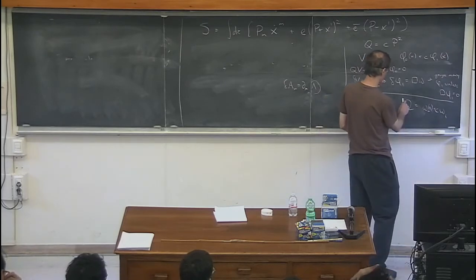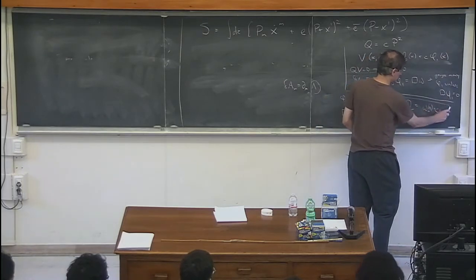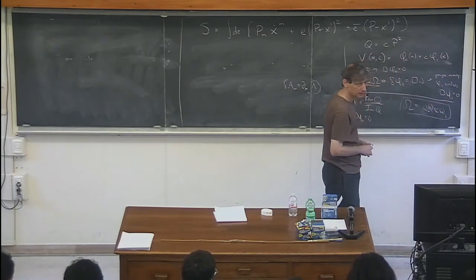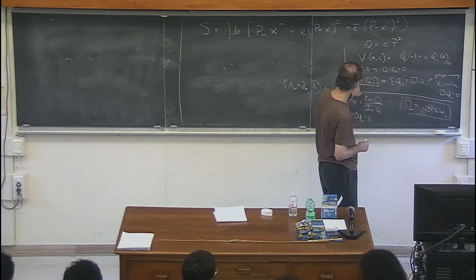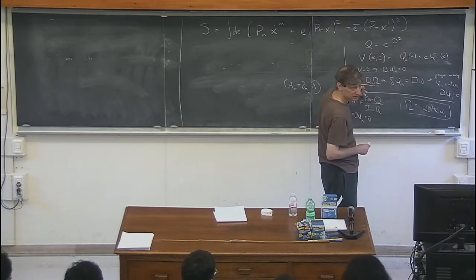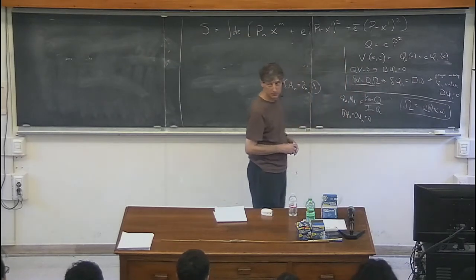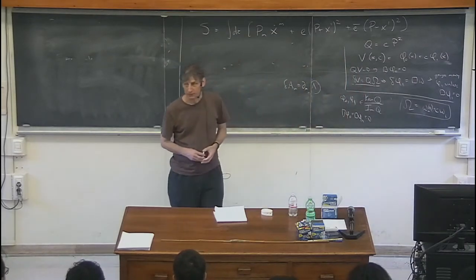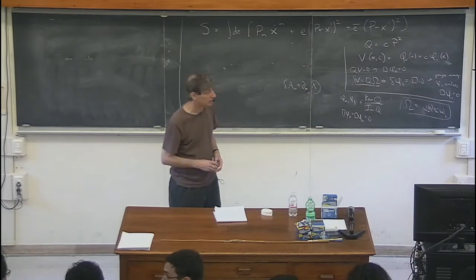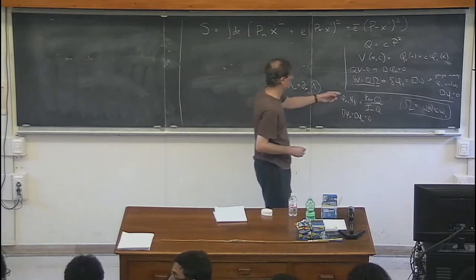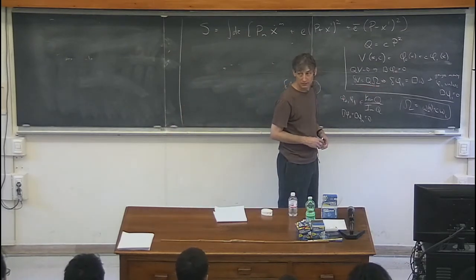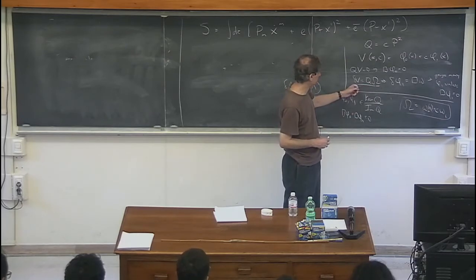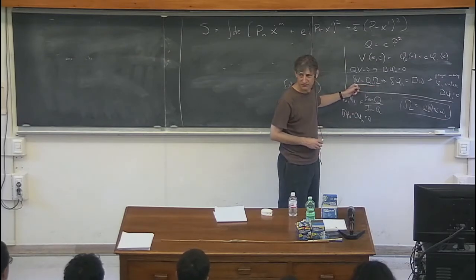Omega is the gauge parameter, and delta V is the gauge transformation of V. That's the definition of the gauge transformation of V.